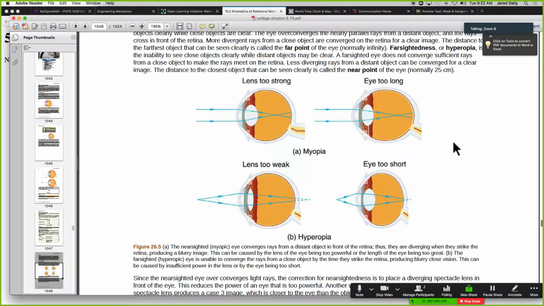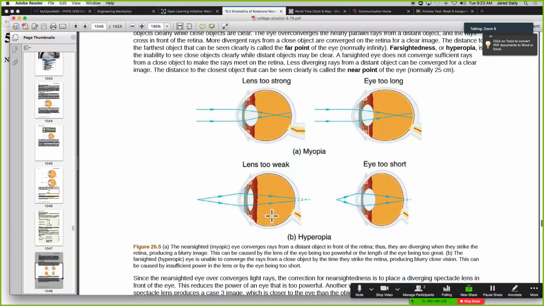So for those who have eyes that are too short, the focus is behind their retina. It focuses after it hits the retina, or it would focus after it hits the retina if it actually could continue focusing. So for those ones, you need to put a focusing lens that focuses it sooner, focuses it tighter, so that it hits the retina.